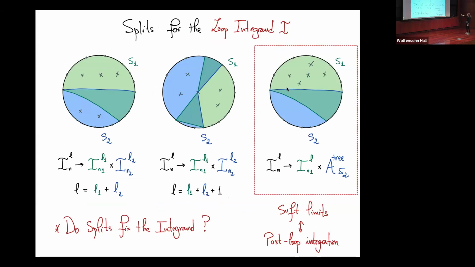And maybe the simplest case is a situation in which one of the subsurfaces has no topology, so it's just a tree-level factor, and the other one contains all the interesting topology. This particular split will be very relevant in a second, as it will let us access soft limits that then give us statements about factorization that also hold post-loop integration.